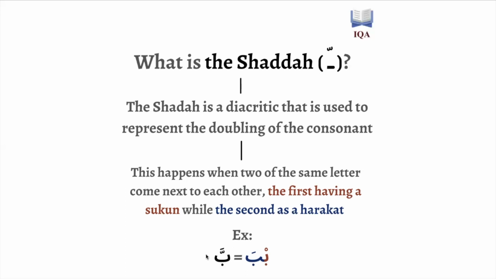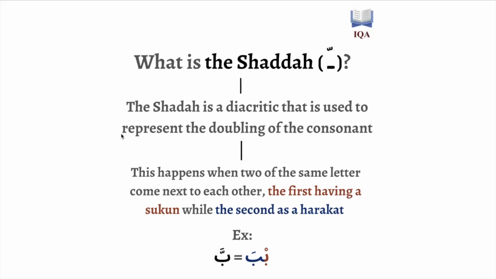That what's really going on here is that we have two bas, the first one having sukoon, the second one having a haraka. But instead of writing out like that, to make it simpler, we just make it one letter, but we do indicate that with the shadda, there's actually going to be two bas that you're going to pronounce. So instead of just saying ba here, I would say abba, abba. So I will put more emphasis on the ba because in reality, I'm saying two bas back to back, but I'm combining them together. So I'm saying ba, ba.